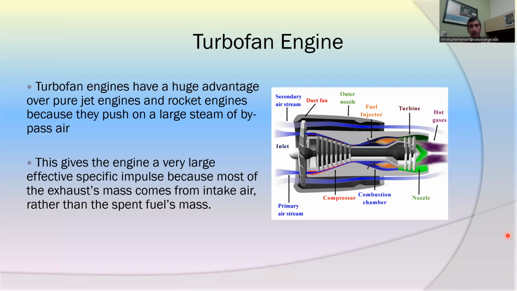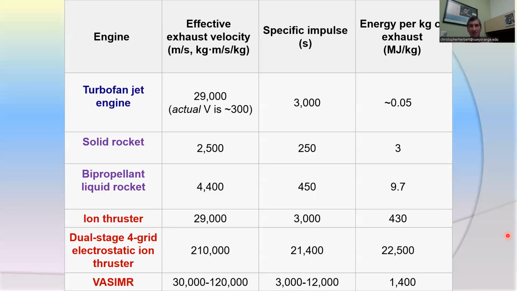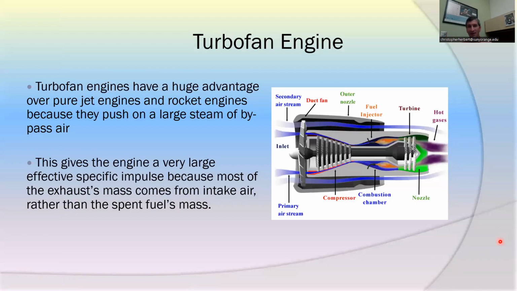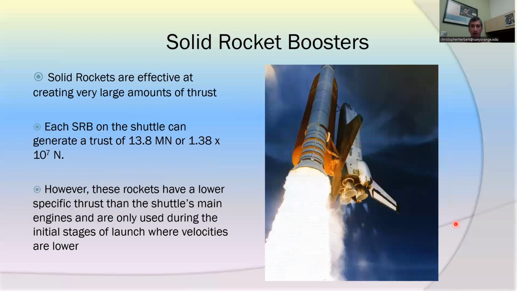So again, turbofan engines have high specific impulse, but they're able to do that because most of the air actually bypasses the jet engine. So they're pushing on a lot of air. That's the key thing here. We're pushing on a lot of air, creating a large amount of thrust.